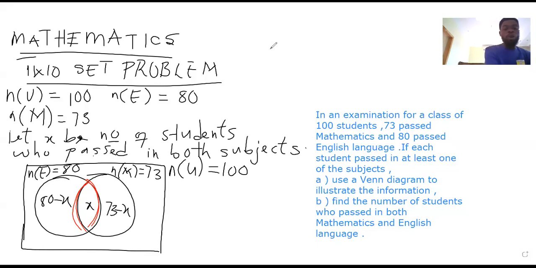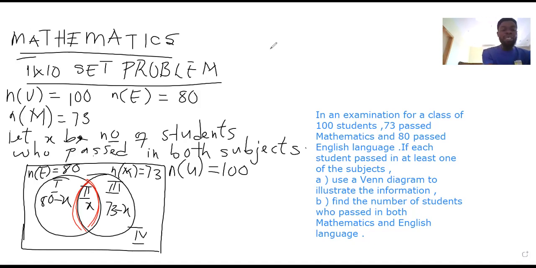Take note that when you add all the various regions in a Venn diagram, you should get the universal set. Meaning that when we add my region 1, region 2, region 3, and region 4, we should get the number of U. Region 1, those who pass in English only.